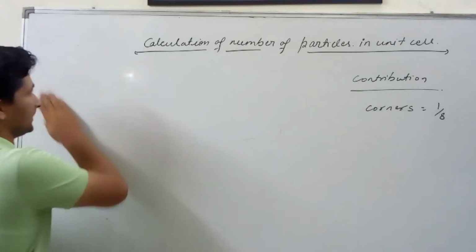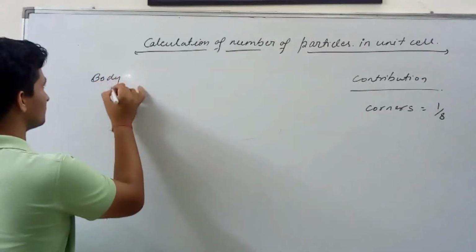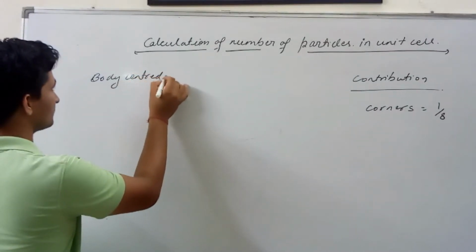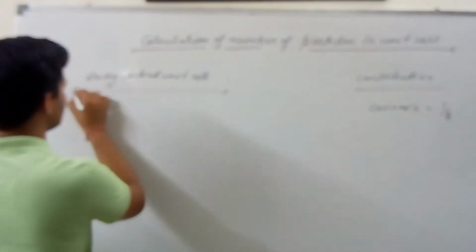Now the second type of unit cell is the body centered unit cell, or we call it BCC in short form.